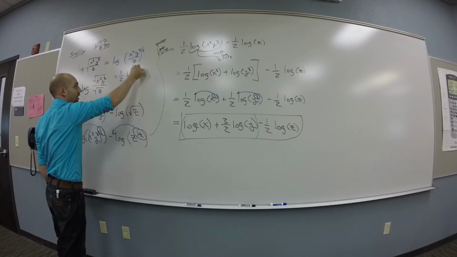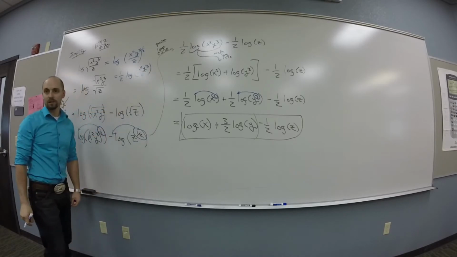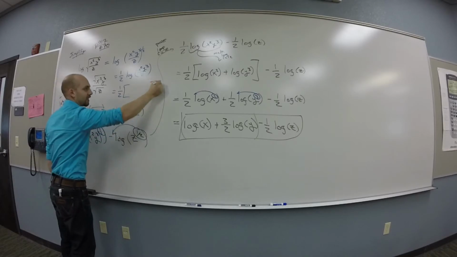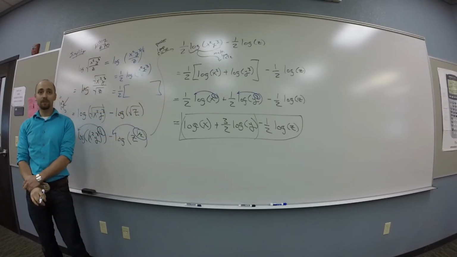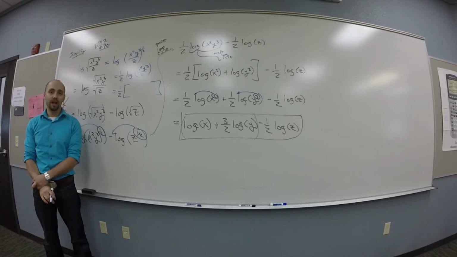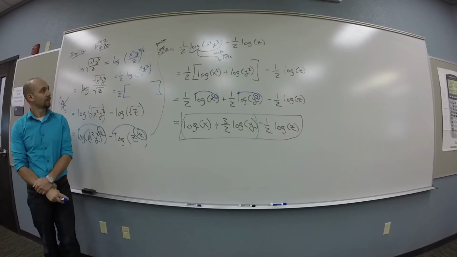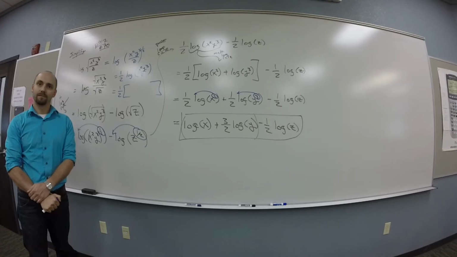Then we'd have the log of x squared y cubed over z. And then we'd start doing a bunch of log rules to this thing. You'll get the exact same thing in the end. You'll just have to distribute the half. Can we give our answer like that, like 1/2 parentheses and stuff? Sure. Yeah.